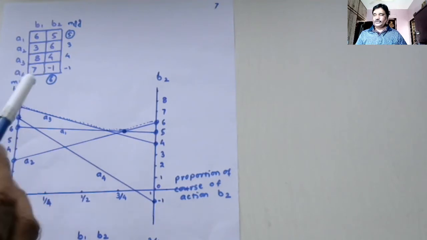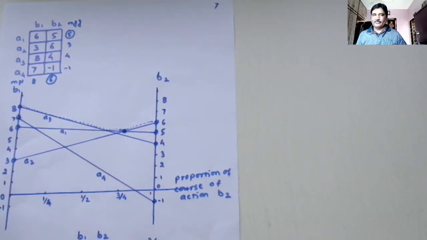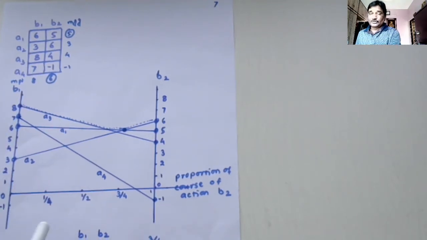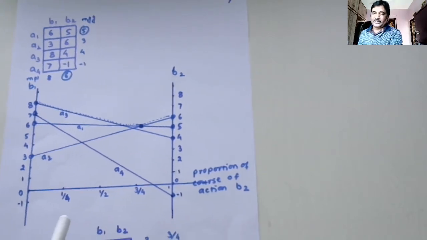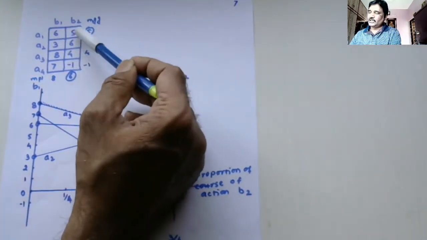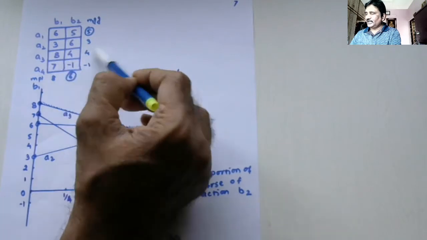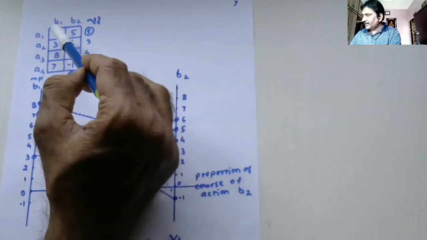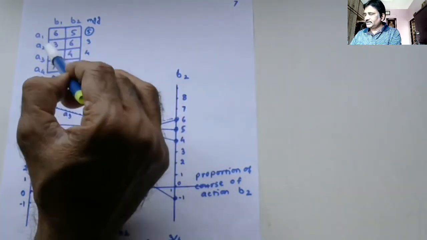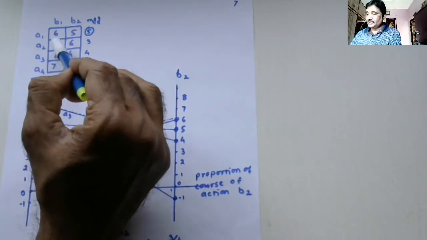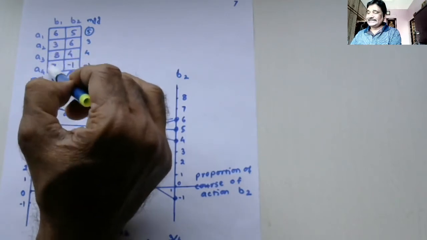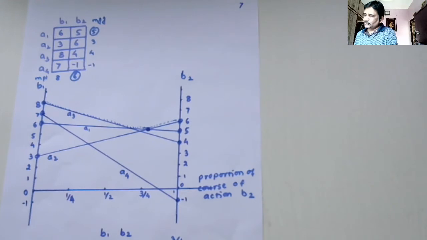For reducing the game by dominance, I will have to compare each row with another row, each column with another column. So many comparisons I have to do.